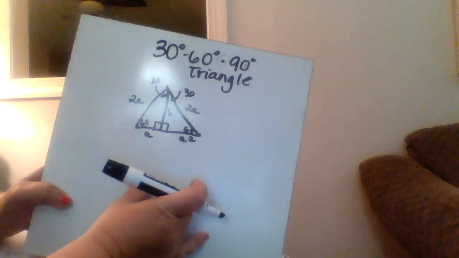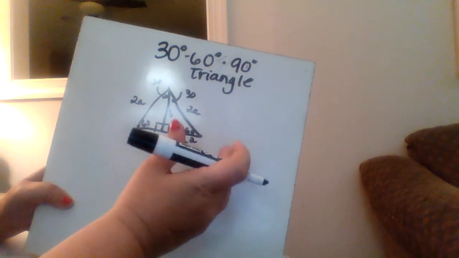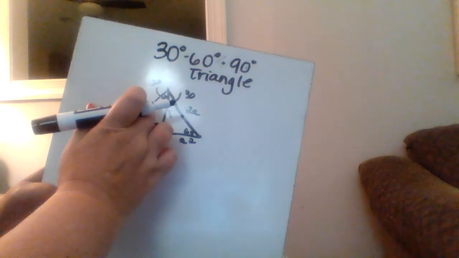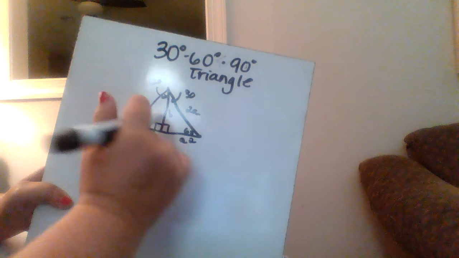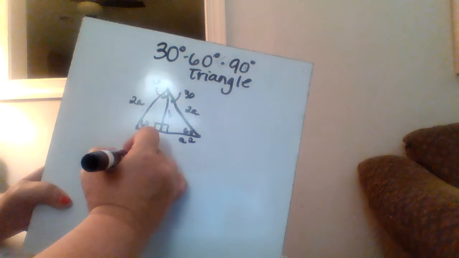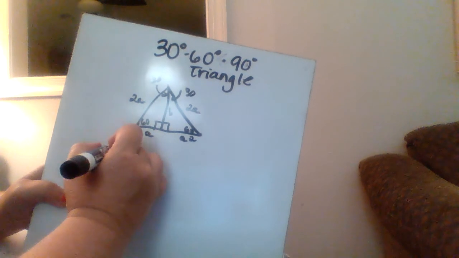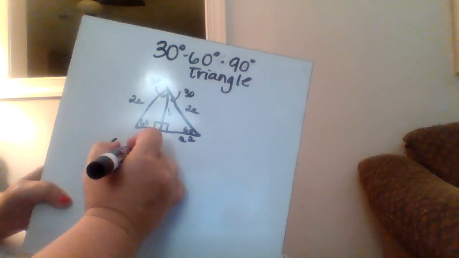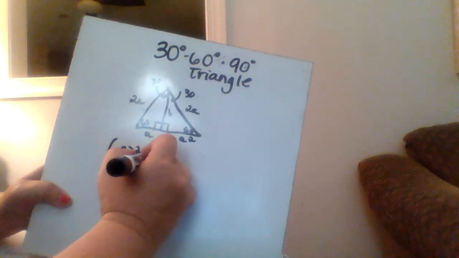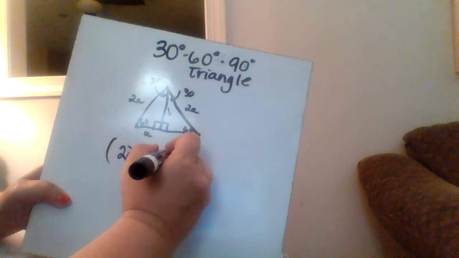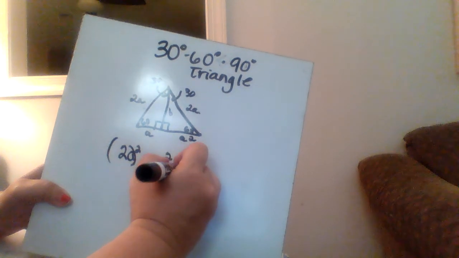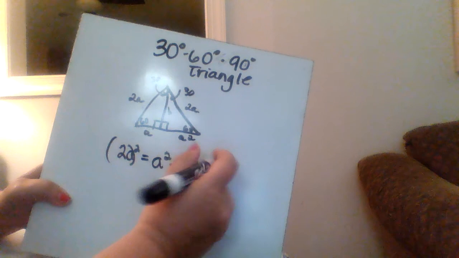If we use the Pythagorean theorem, if you remember, it's a squared plus b squared equals c squared, then 2a is our c, so we would have (2a) squared. So (2a) squared is going to be equal to a squared plus b squared.